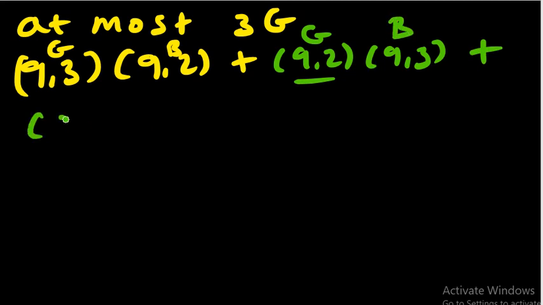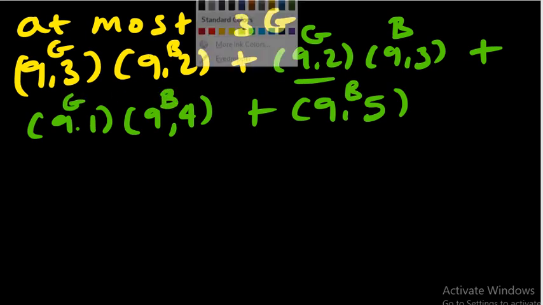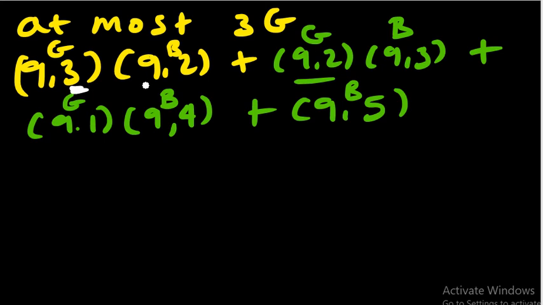The other possibility is 9 combination 1 girl and 4 boys. This is another possibility, plus the last possibility will be all of them boys. This is the girls and the boys. Try to observe here: the number of girls is decreasing. It was 3 girls, it becomes 2, then 1, and no girl. Because at most 3 means at least nothing. No girl. This is the same as less than or equal to 3.